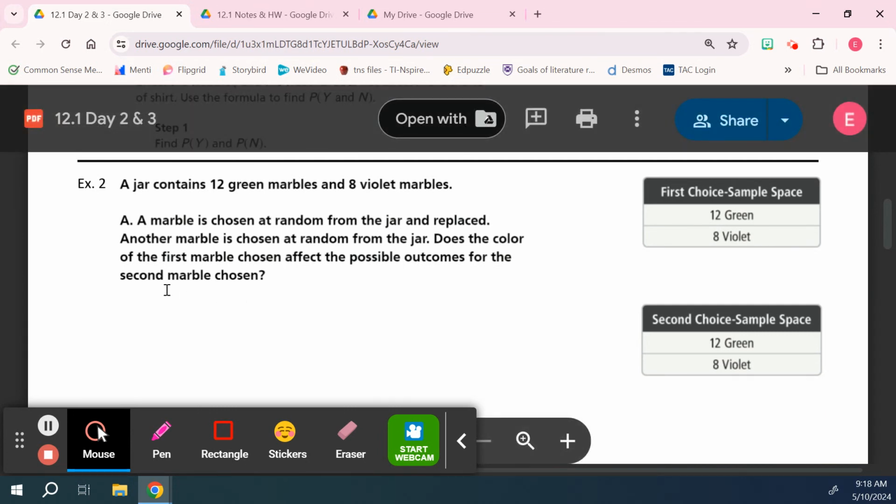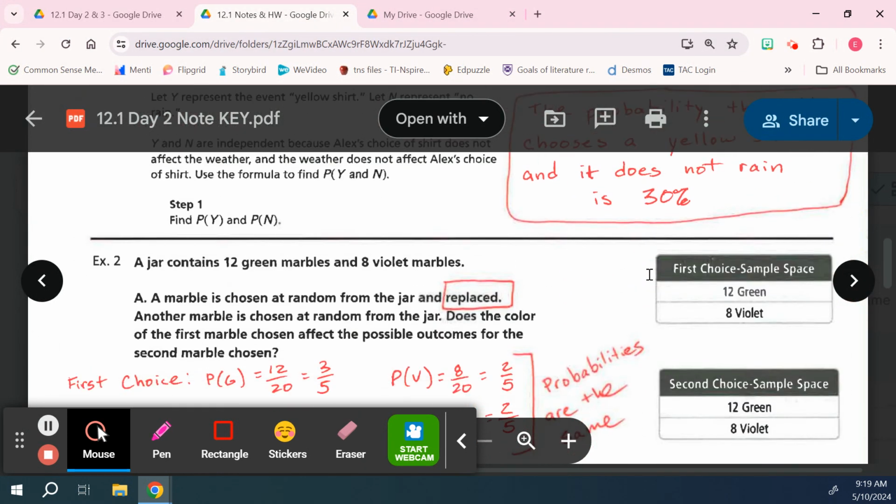Does the color of the first marble chosen affect the possible outcomes for the second marble chosen? What do we think? And you're shaking your head. Why? Yeah, nothing changes with that probability because we're putting it back. Without replacement is a different thing. We'll be talking about that probably next week. Okay. All right. So that means I'm just going to kind of give you guys this one to write down.